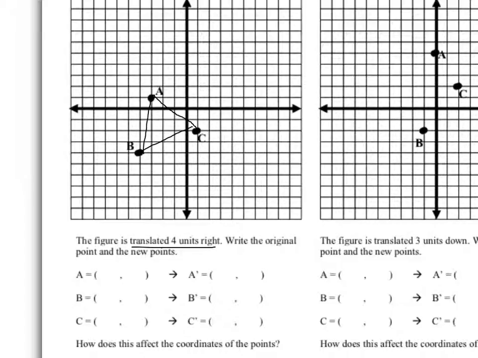And what we're going to look at here is how we can translate that 4 units to the right. So if we were to take this entire figure and move it 4 units to the right, I'd essentially be dragging each point over 4 units.